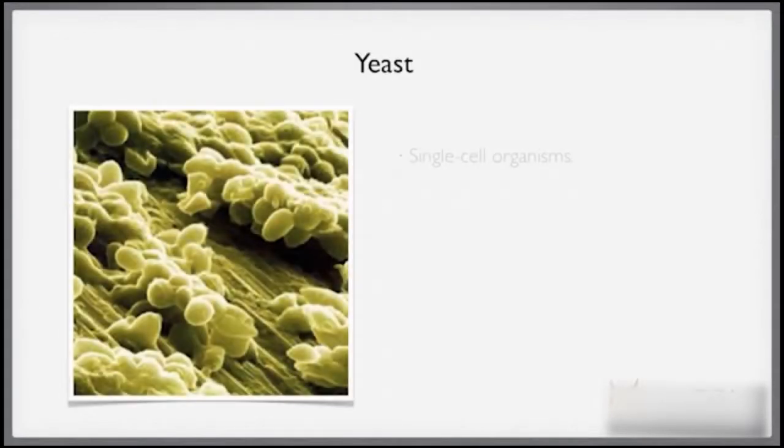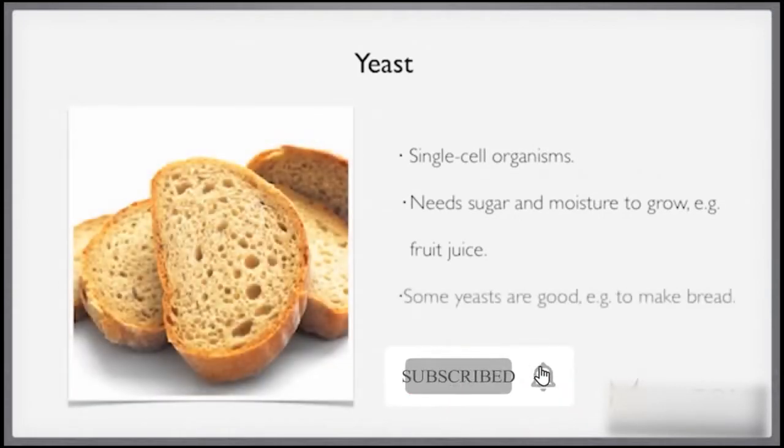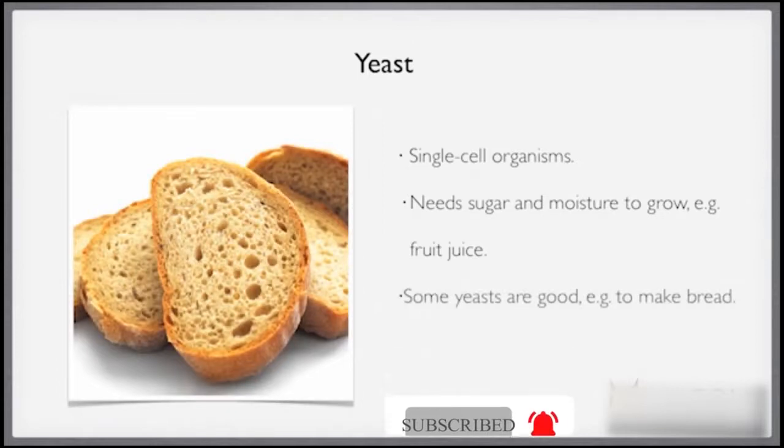Then we have yeasts. Yeasts are single-cell organisms. They are larger than bacteria and grow on foods that contain moisture and sugar. Not all yeast is harmful. Some yeasts are used in the production of bread and beer, for example.